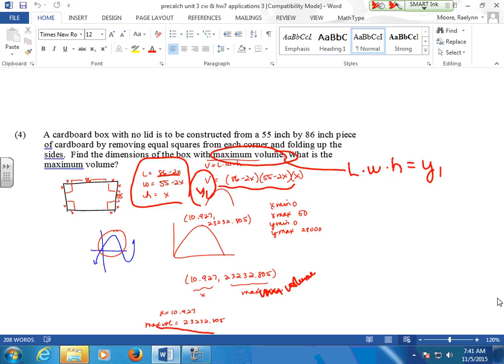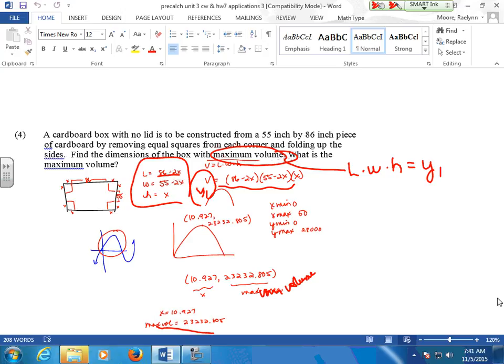When you do this, just kind of make sense out of it. If I'm cutting corners of a box that has a 55-inch length, I'm not going to cut a lot out of it. Maybe 10, 20 max. I will have no box left if I cut too much out of it.